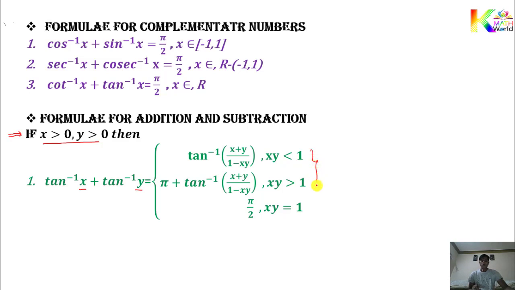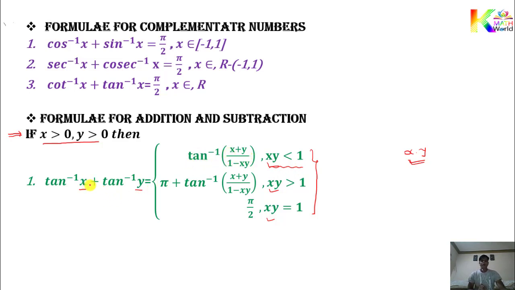Okay, how to remember? If you look properly, the condition is on x into y. So firstly check the product x into y. If your product x into y is less than 1, then you can use which formula of tan inverse?